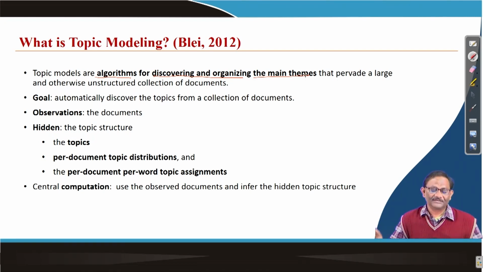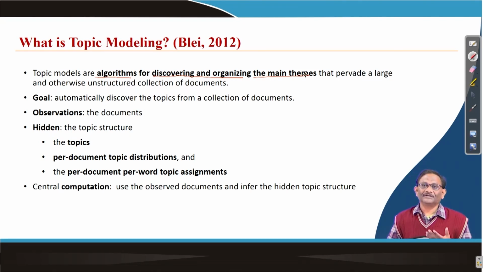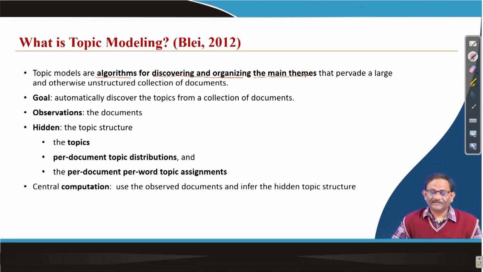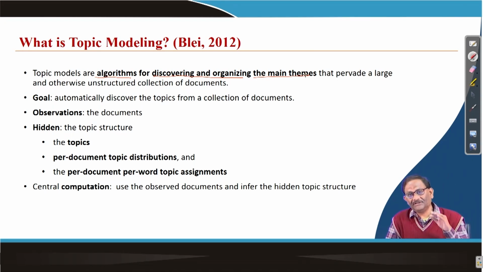In each of the documents several topics are spread across the document, and you want to know what those topics or themes are. That is the purpose. First you have to discover those themes, which are called topics, and then you organize them for meaningful interpretation and further use.